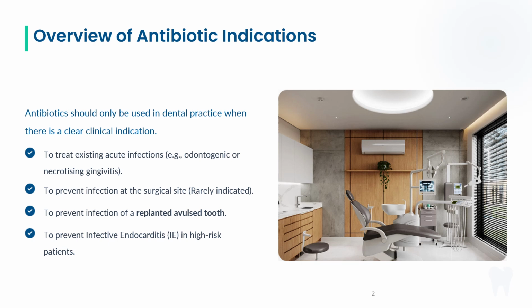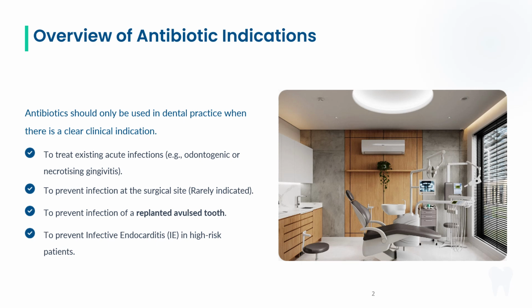Now, so basically, when are we using antibiotics? To keep it simple, we are using antibiotics to treat existing infections which are odontogenic, or sometimes for necrotizing gingivitis, which was previously called NUG, and to prevent infection at the surgical site.